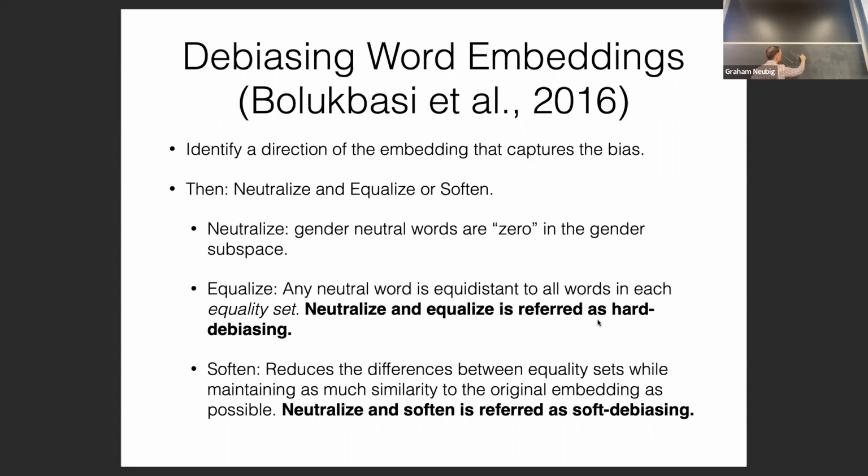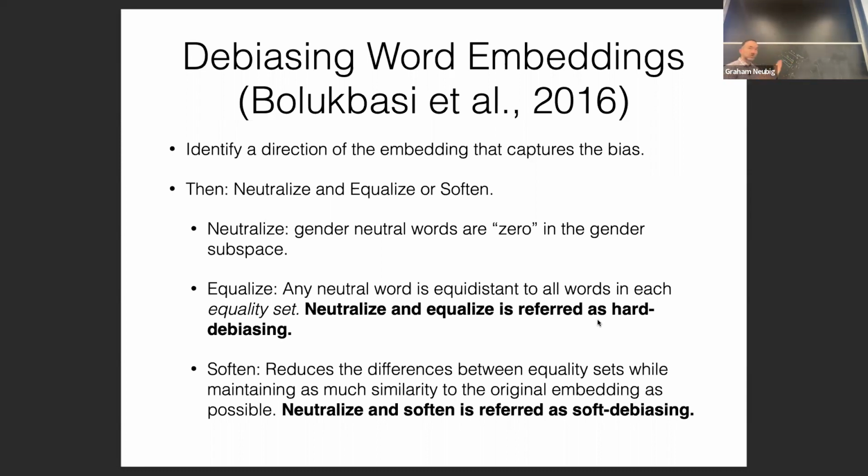So like king, queen, there's a vector like this, and then he, she, there's a vector like this. And then, like, what else? Aunt, uncle. There's a vector like this.